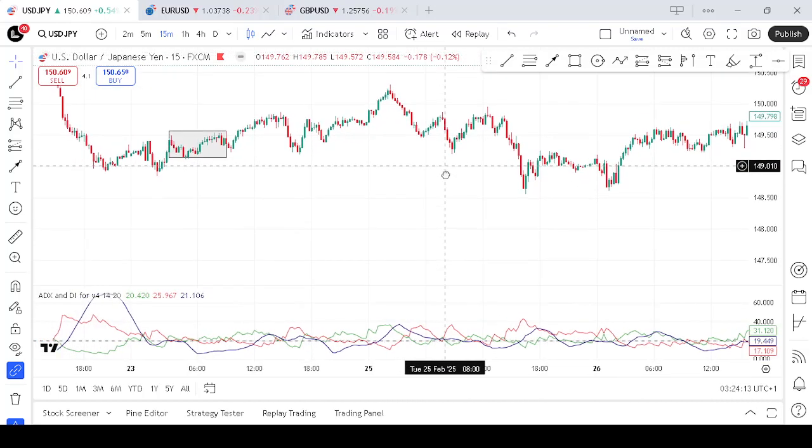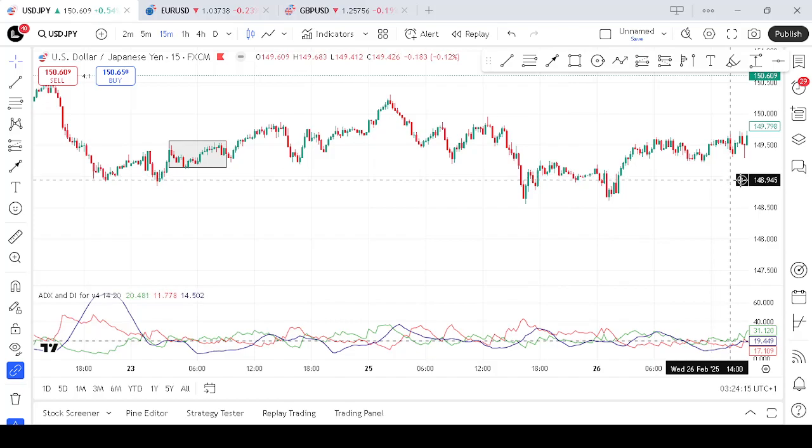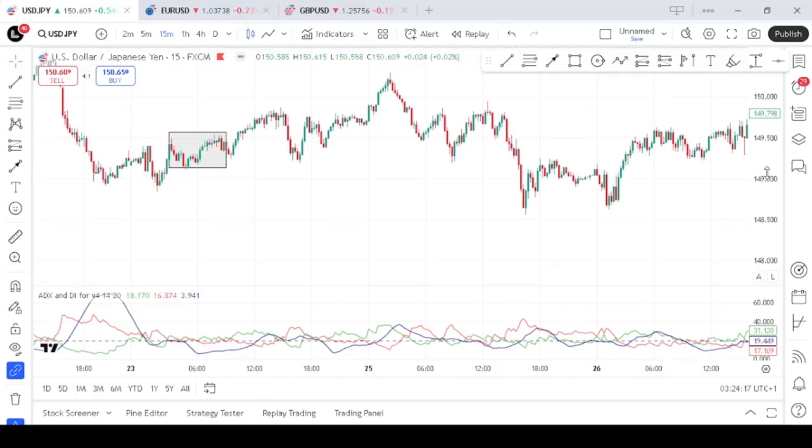In a bearish scenario, the negative DI line crosses above the positive DI line. I repeat, for a bearish scenario, the negative DI line crosses above the positive DI line.